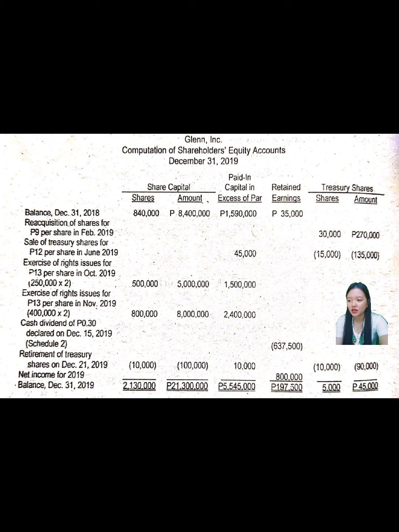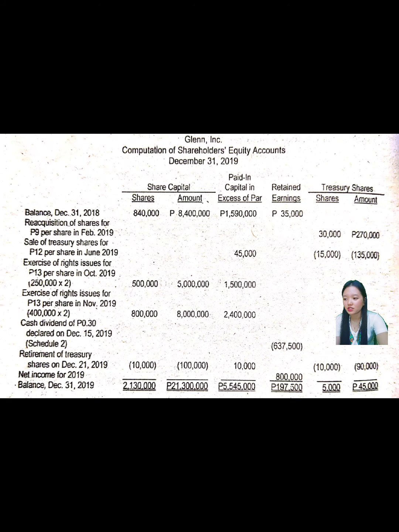And next, exercise of rights issues for 13 pesos per share in November 2019. Our share capital shares is 800,000 and our share capital amount is 8,000,000 pesos. And our paid-in capital in excess of par is 2,400,000 pesos.